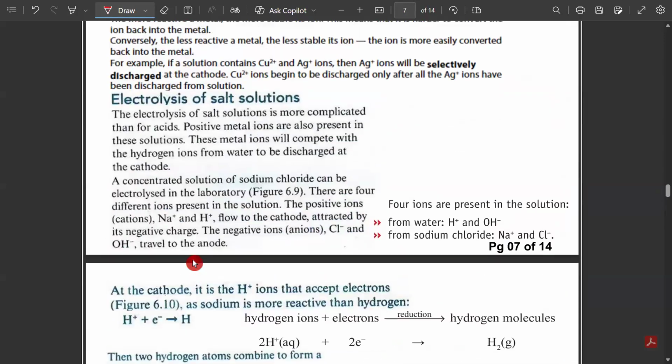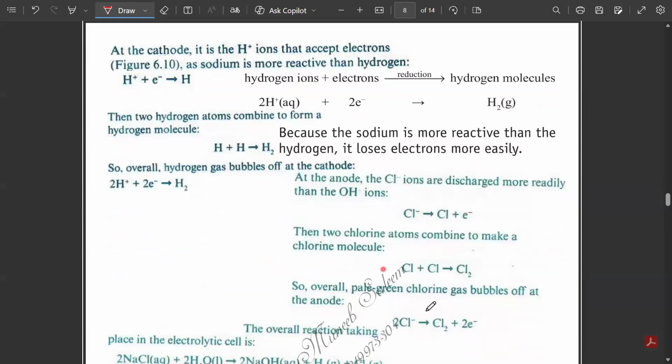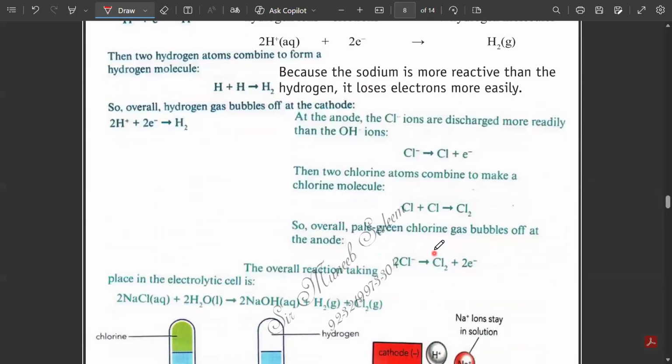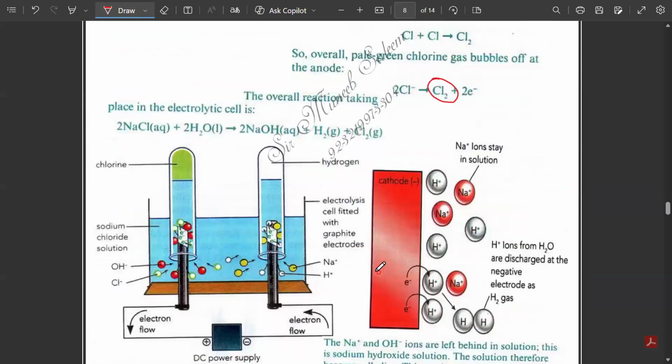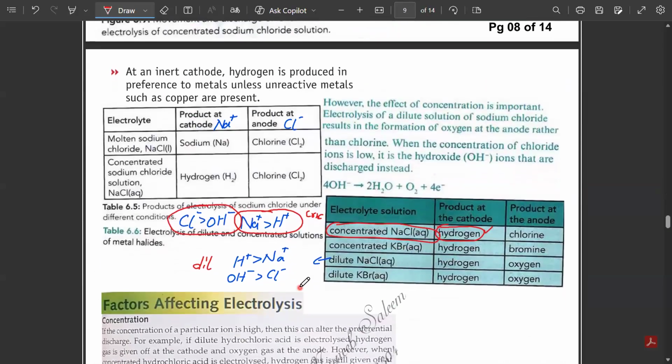So for this reason, we have chlorine gas produced at the anode, because of the reactivity of the chloride ion. They are more reactive, which means they can easily lose the electrons as compared to the hydroxide ions. So these are the products: hydrogen gas and chlorine gas.